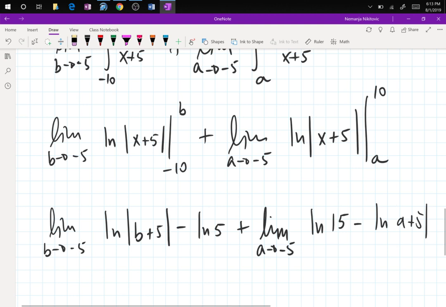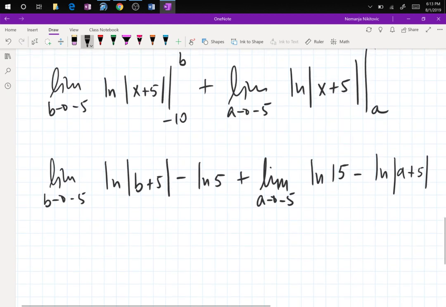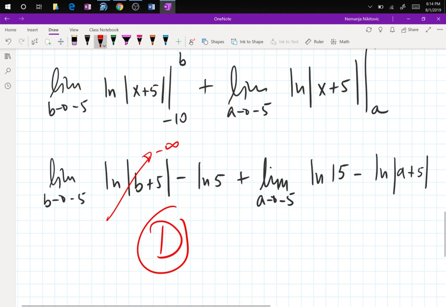We need absolute values, because a is negative. This term over here goes to -infinity, and that's what makes it divergent. It's scary stuff.